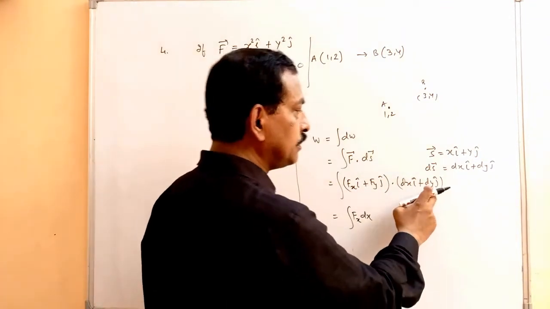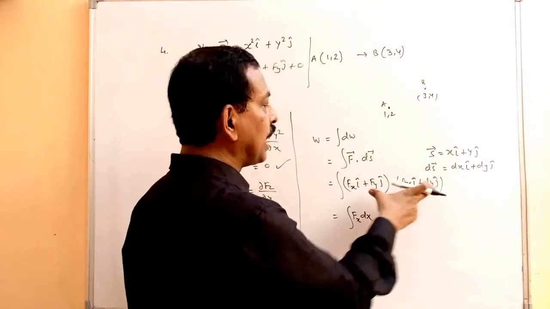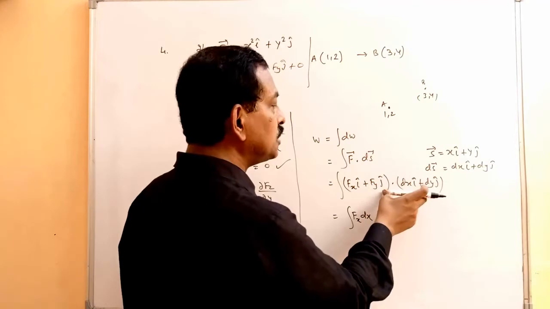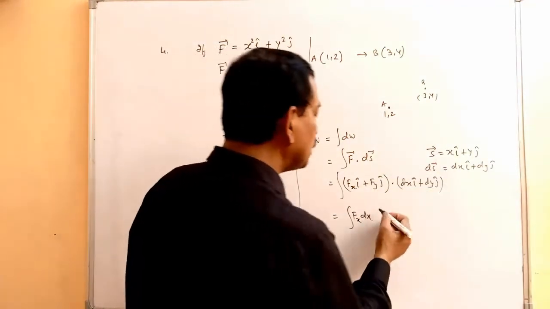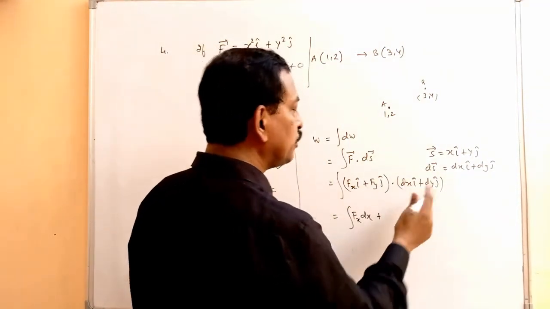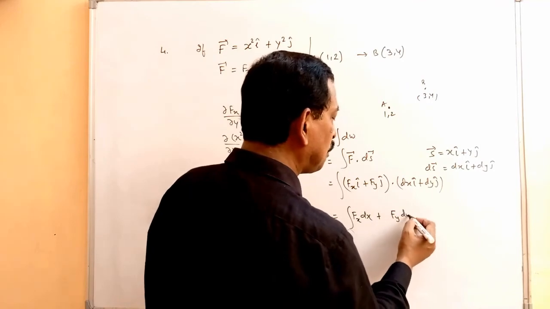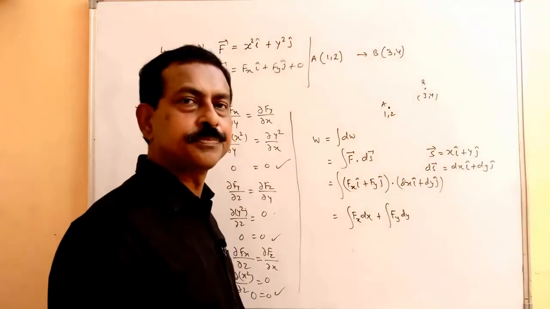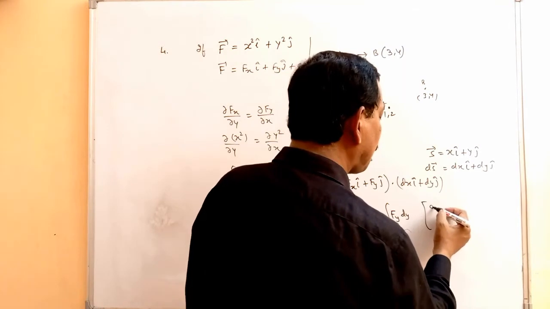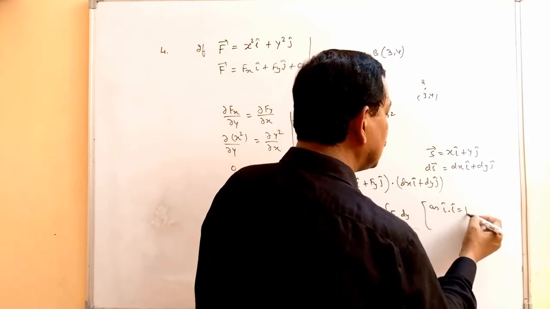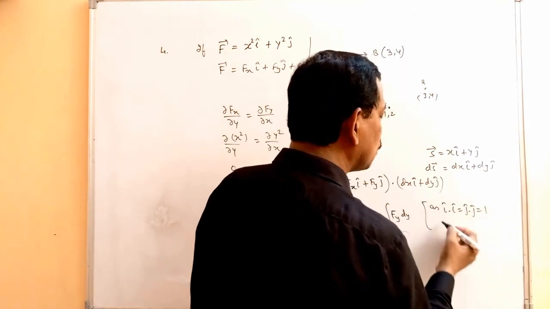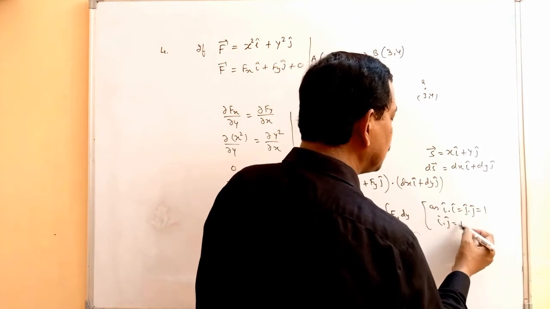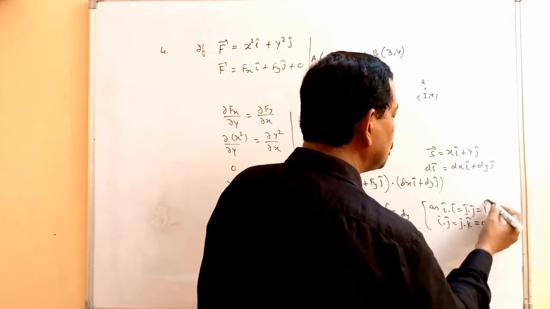Fx dy, i dot j, will be 0, and j dot i will be 0. So it will be only Fy dy integral in the other case, as j dot j is 1, and i dot j, j dot k, all will be 0.